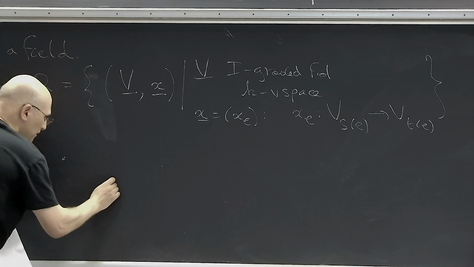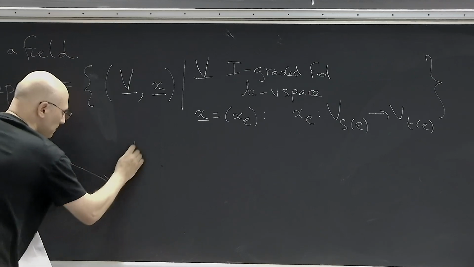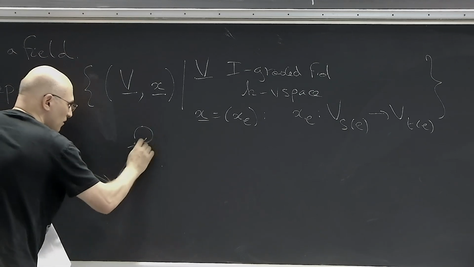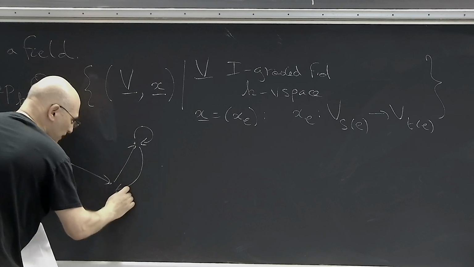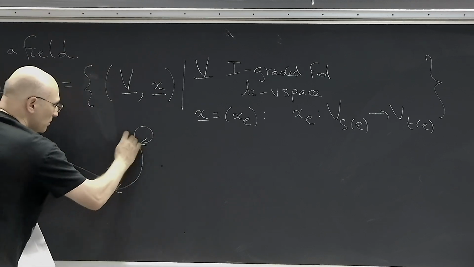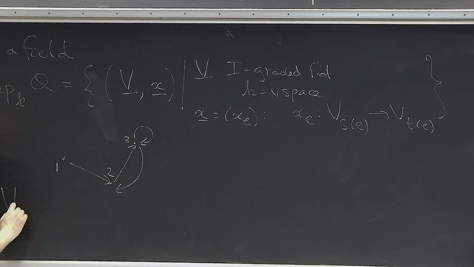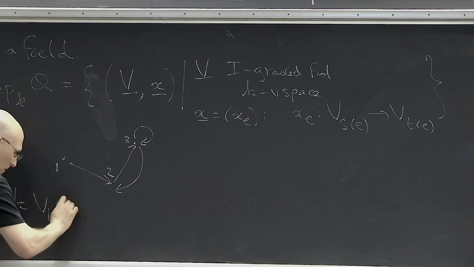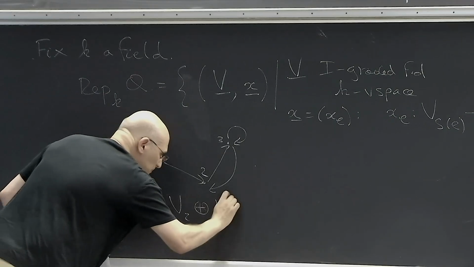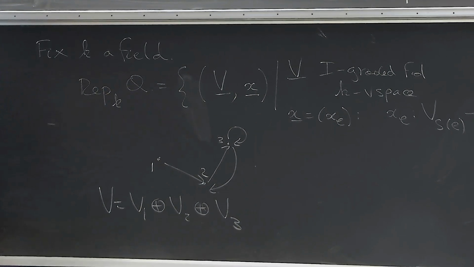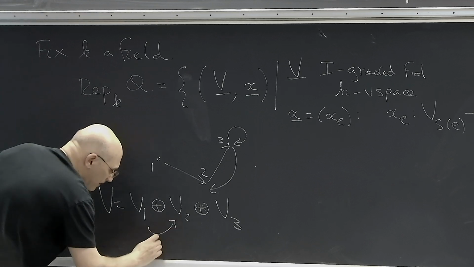If I have something like this, and maybe one loop, and maybe also one arrow like that, with vertices 1, 2, 3, then V is V1 plus V2 plus V3, and then I will have maps like this.